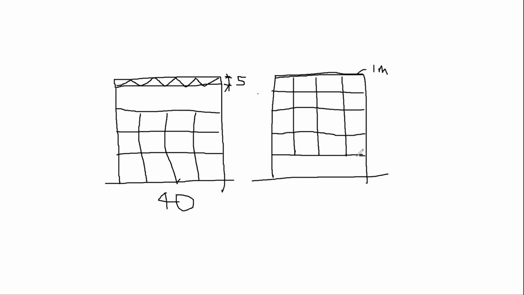We've got a 40 meter span, but the biggest problem is that this beam here has to support the weight of all these columns. And so this beam has an incredibly heavy load on it from the columns.